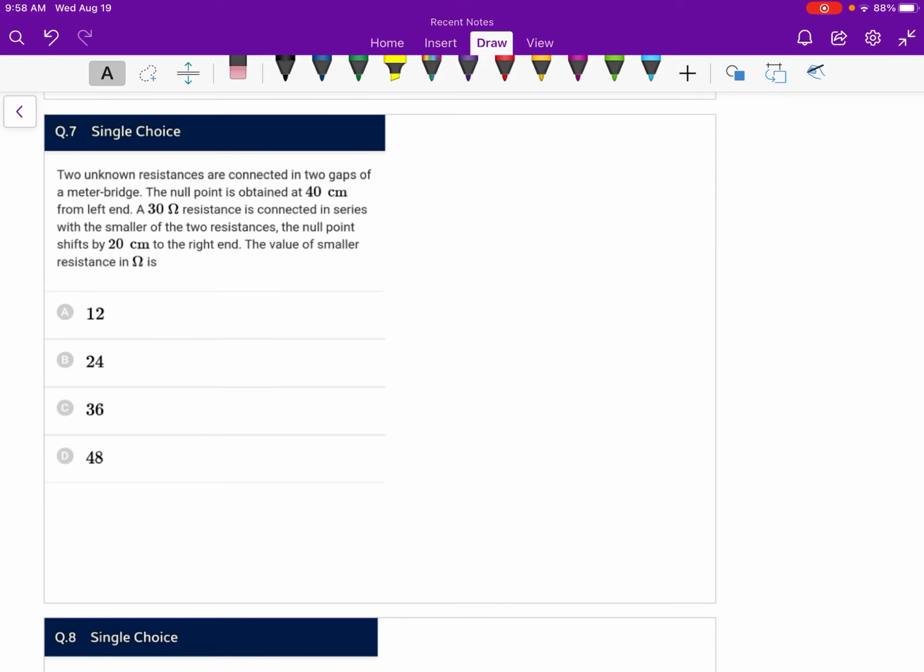Two unknown resistances, the null point is obtained at 40 from the left end. So R1 upon R2 is 40 upon 60. This implies that R1 is lesser than R2. Now with the smaller resistance, a 30 ohm resistance is connected in series. So now (R1 plus 30) upon R2 is the ratio, and the balancing length is 60 upon 40.